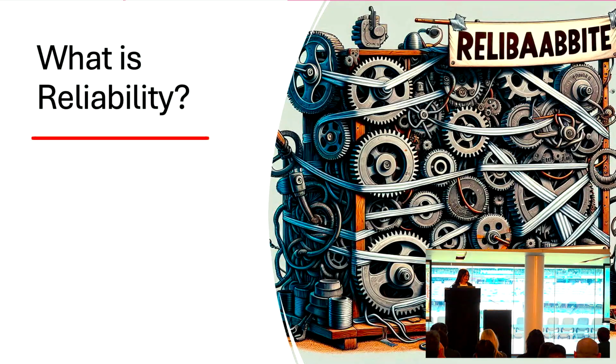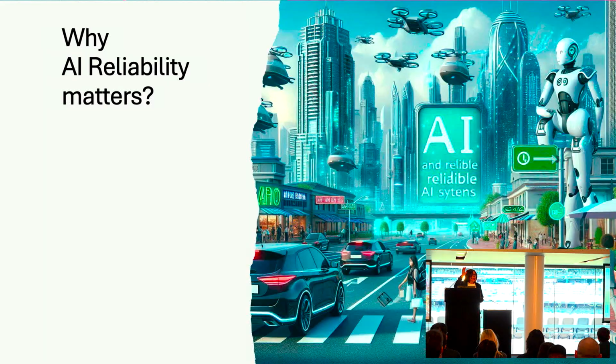What is reliability? Reliability means the system consistently performs its intended function accurately over time. Raise your hand if you know why AI reliability matters. Okay, that's good.